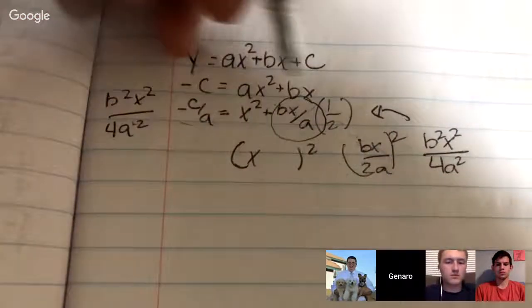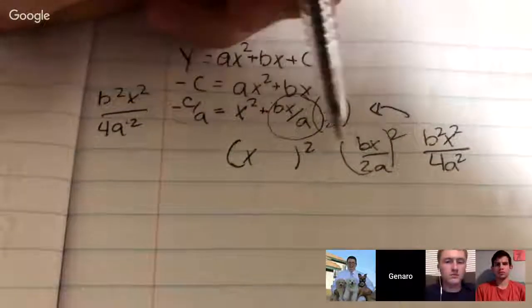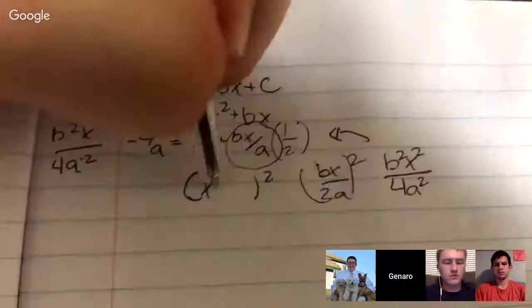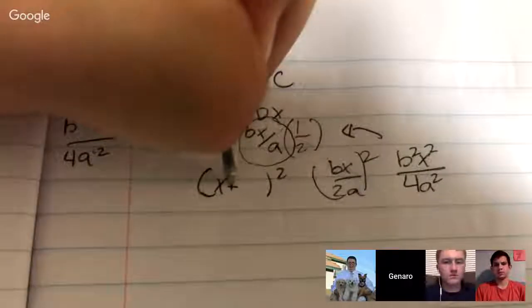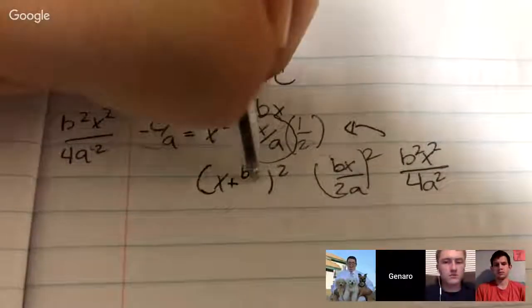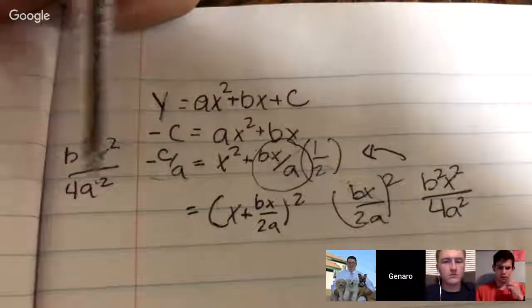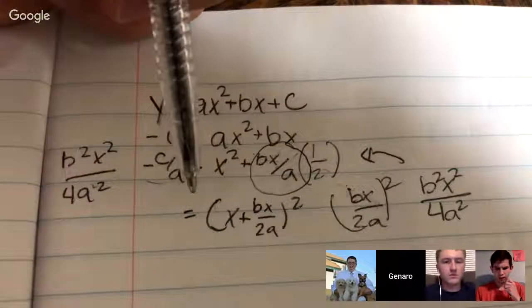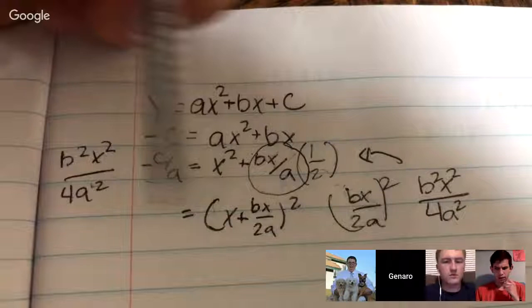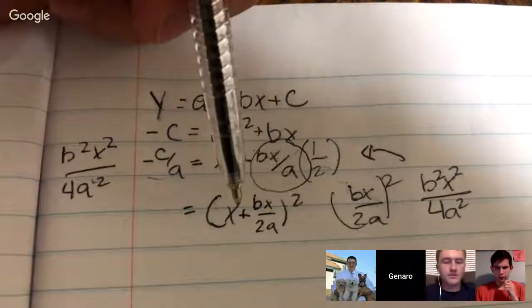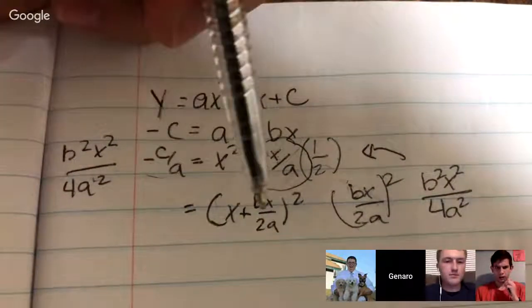It's kind of got ugly. But this would be plus bx over 2a equals, and then all this shebang over here. And then you would square root both sides, and then subtract the bx over 2a.